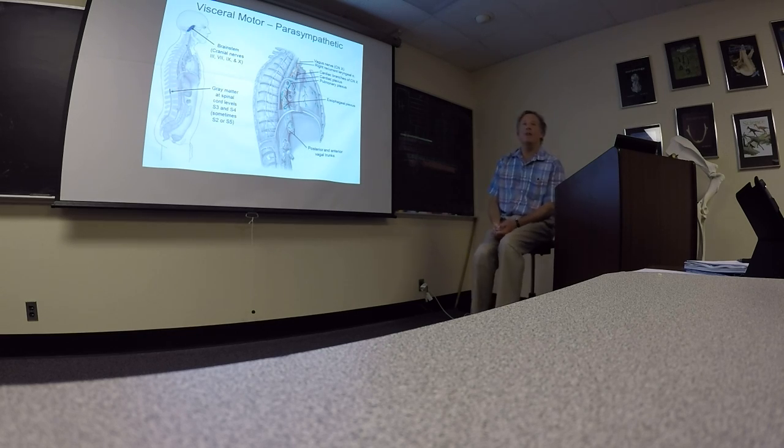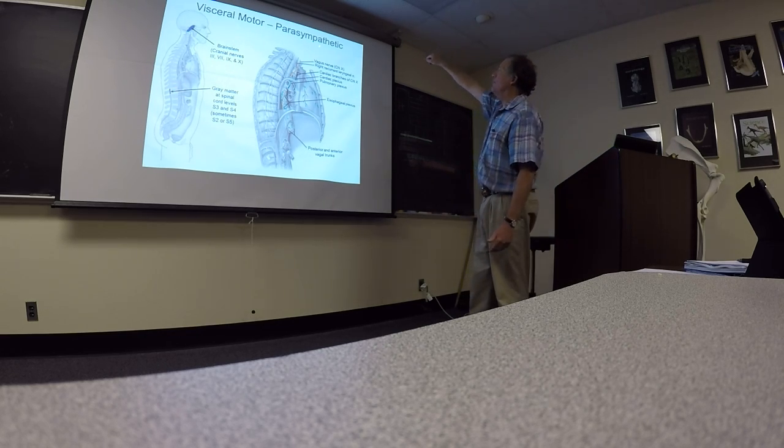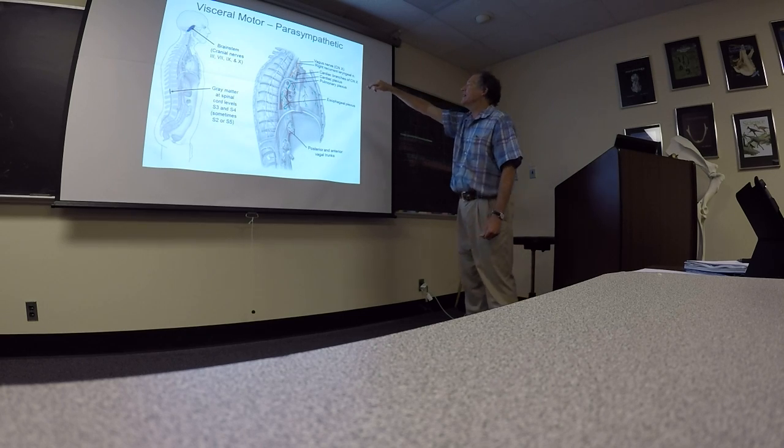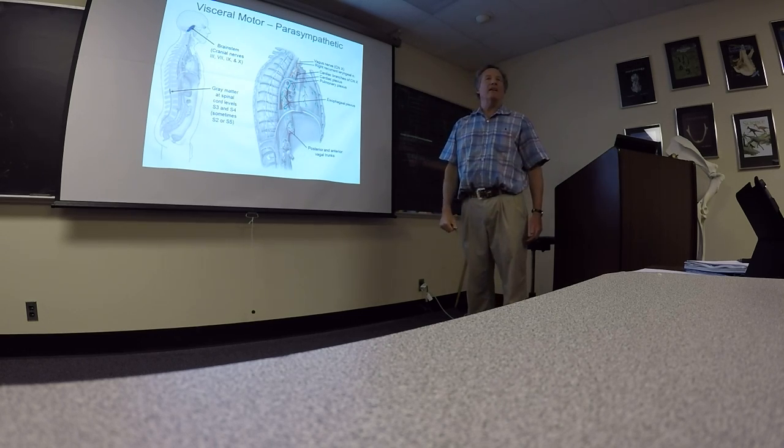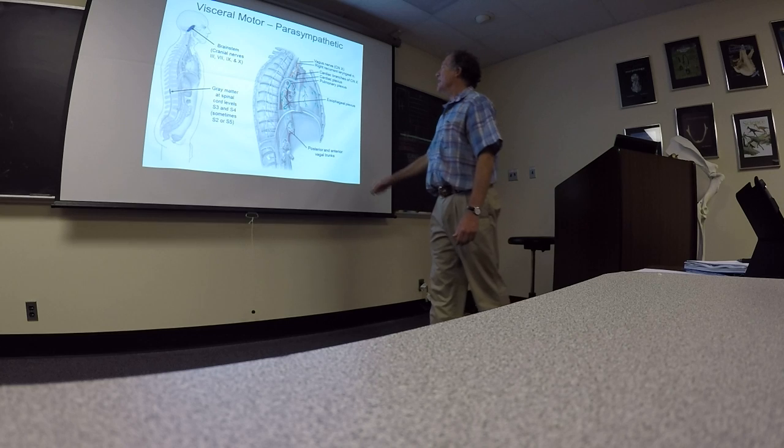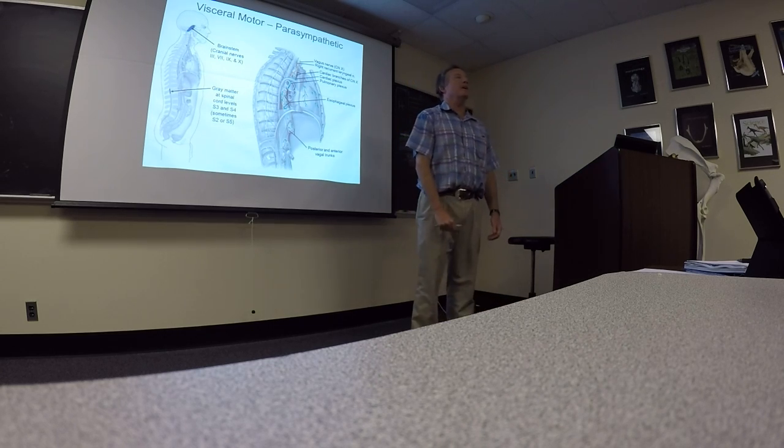Okay. However, everything you will ever see of parasympathetics is preganglionic. The ganglia where the preganglionic synapse and give rise to postganglionics take place in the organ which is being innervated.